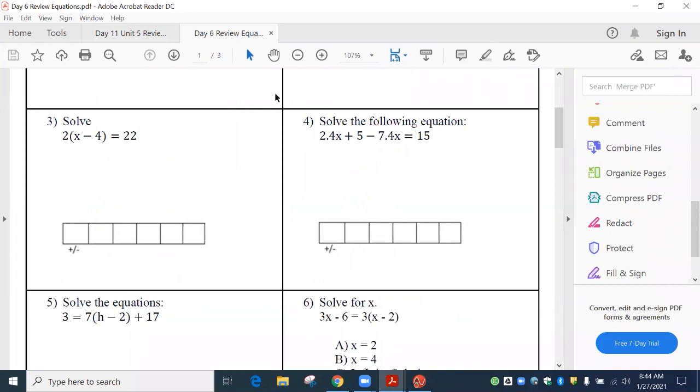What we want you to know about this is that this first box is only for whether it's positive or negative. If it's positive, you don't have to put a plus, but you can if you want. I usually don't put anything if it's positive. If it's negative, you have to put the negative symbol right here in this box. But numbers have to start in the second box. So if we got 15, we're going to put 1 and then 5 like that right there.